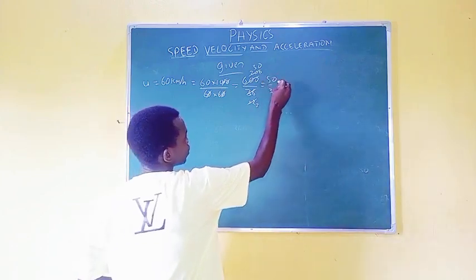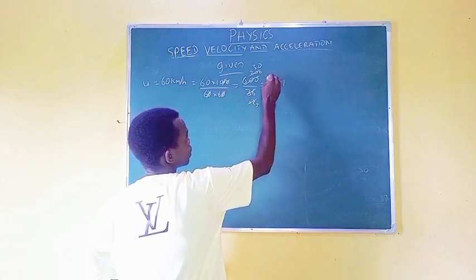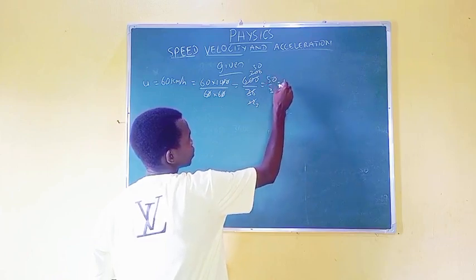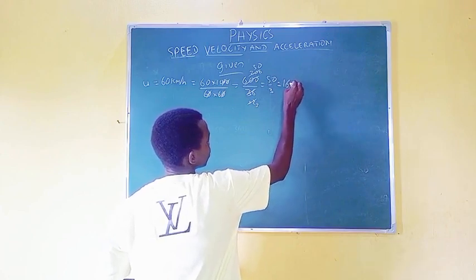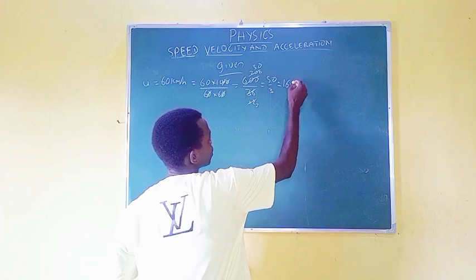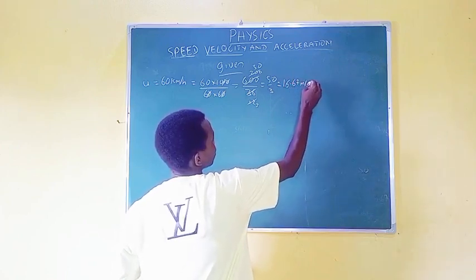5 divided by 3, we have 1, remainder 2. Carry the 2 to the 0, becomes 20. 20 divided by 3, we have 6. So it becomes 16.67 meter per second.